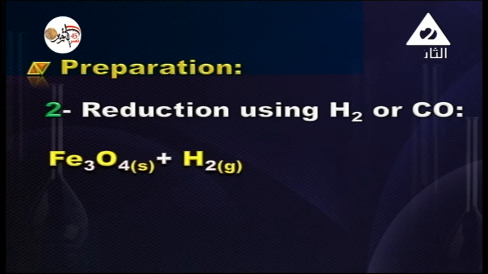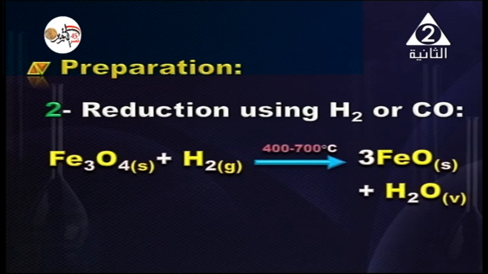But when using magnetic iron oxide Fe3O4 and reducing it by hydrogen gas, also from 400 to 700 degrees Celsius, it gives iron 2 oxide releasing water vapor. My dear student, you can use hydrogen or carbon monoxide for these reduction processes.